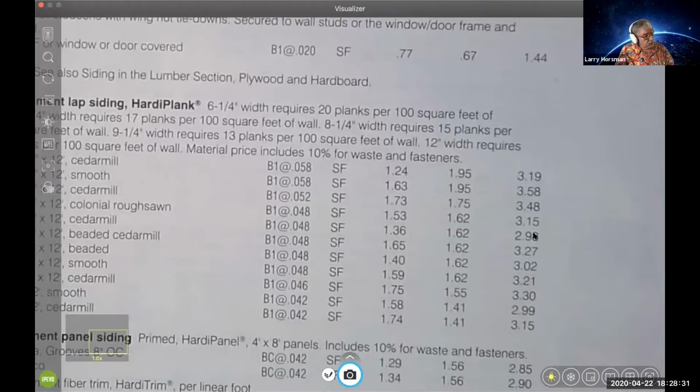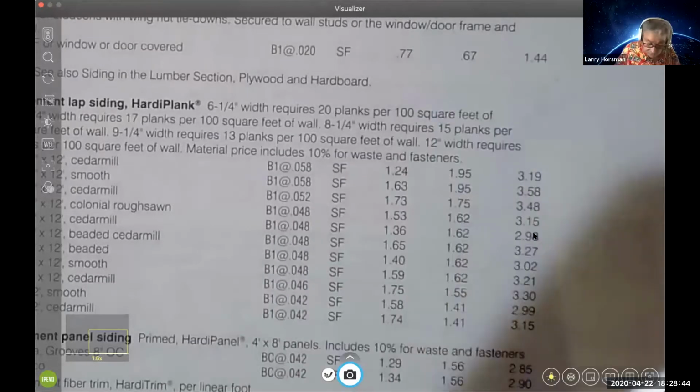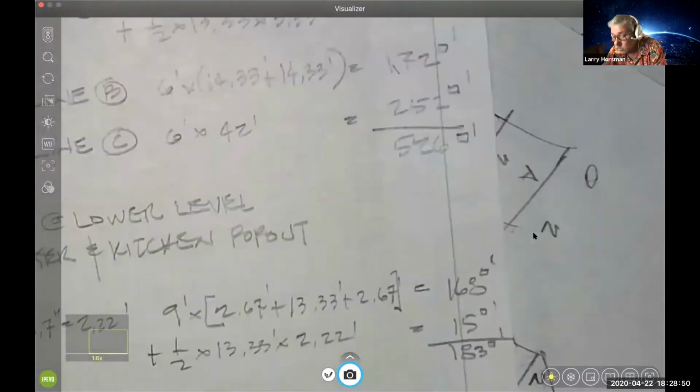We don't have plywood siding. I don't know if they've got the stucco under plaster or where.